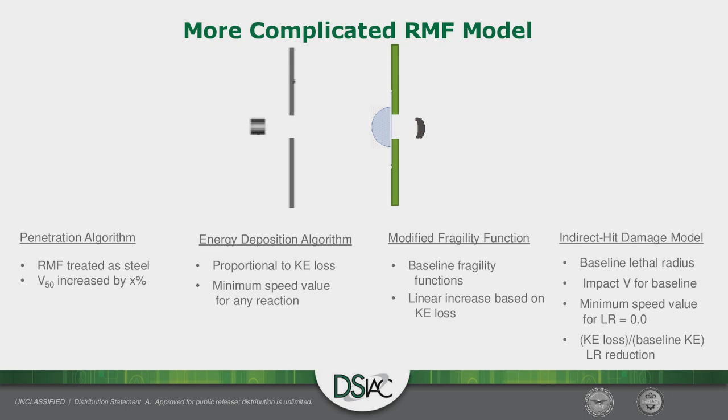Likewise, the fragility function pK increase is linearly adjusted by the kinetic energy loss. The idea there being that whatever kinetic energy is lost in an impact goes into the chemical energy. I realize that's kind of a base assumption. In the indirect damage model, I just assume the lethal radius is linearly proportional to the KE loss too. So in this way, you can spread the reaction and the material out as you go through the target.